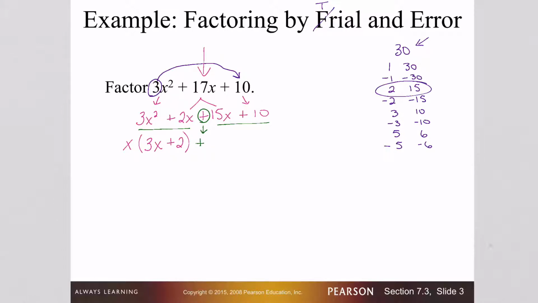So now let's take a look at the 15x and the 10. What do those have in common that I can factor out? They have a 5 in common. What times 5 would give me 15x? 3x. What times 5 would give me 10? Positive 2. Now, this is the important part.